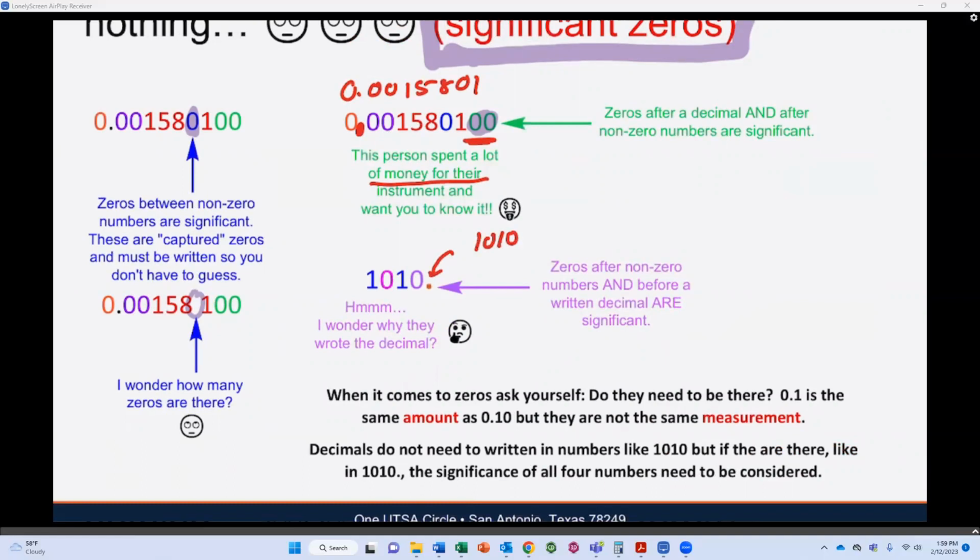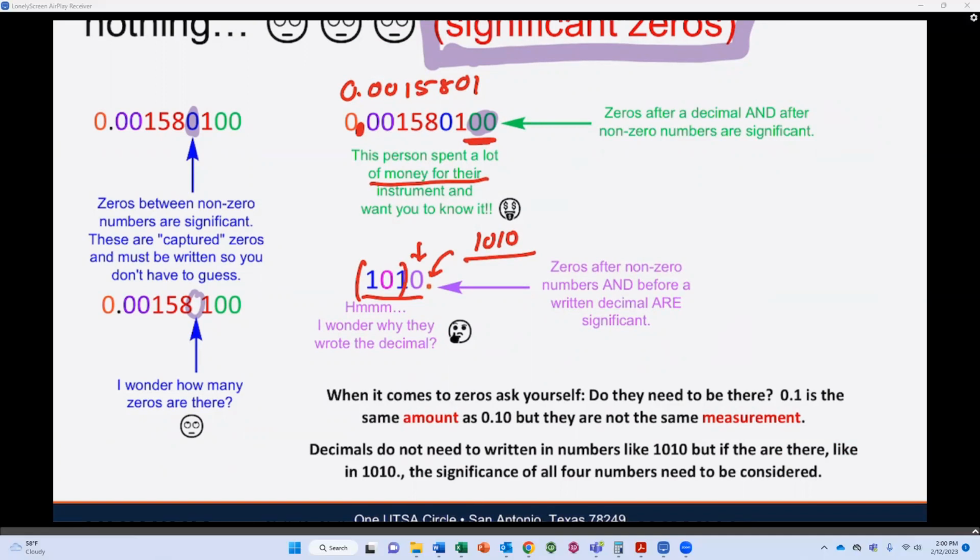So when I take the time to write a decimal that doesn't need to be there, you wonder why. What I'm trying to do is not convey the number, because 1,010 and 1,010 are the same whether I write that decimal or not. I'm trying to tell you that these three numbers I'm certain of, this is my one educated guess. That decimal is telling you where my certainty ends.